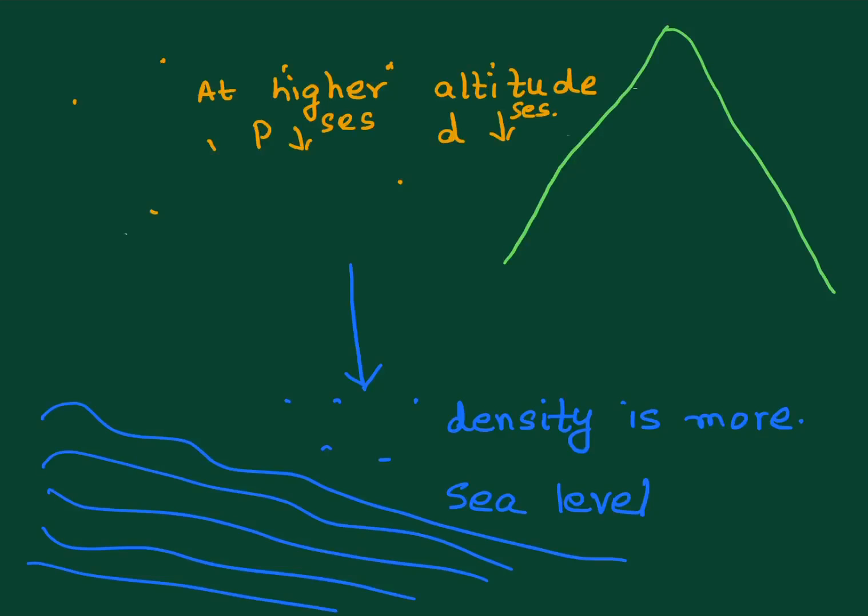Now, when the particles are less close to each other, that means if you are breathing, then are you getting enough oxygen? Oh, what a drawing I have made over here, right? Are you getting enough oxygen through the air that you are inhaling? No, because the density is less, there is less oxygen. Of course, the air is more pure, but there is less oxygen in a given volume of air.